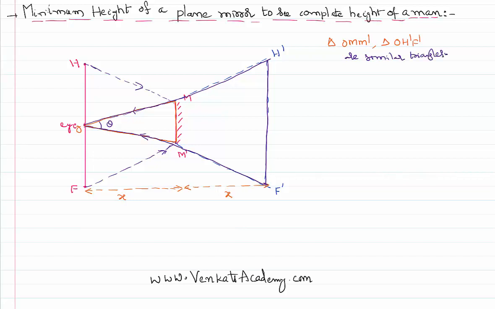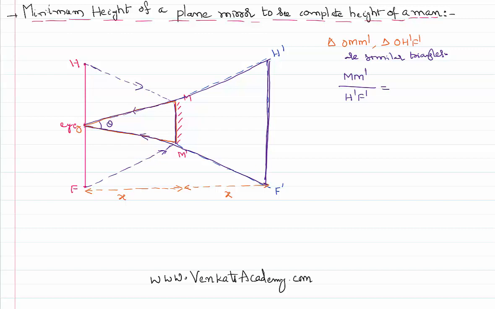As the triangles are similar, the ratios of the sides must be the same. So the opposite side of the first triangle is h dash, and the opposite side of the second triangle is H dash F dash, which is of course equal to the size of the man himself, because being a plane mirror its magnification is 1. That means object size and image size are equal.